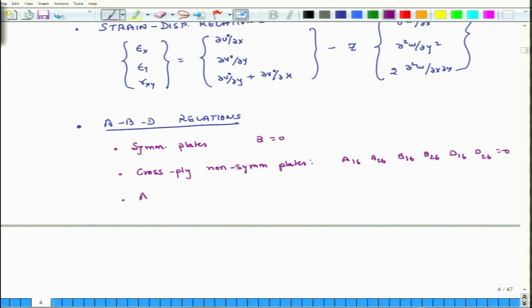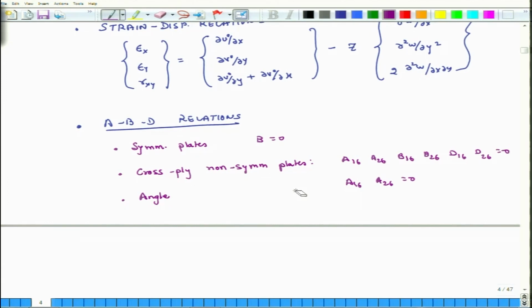For angle ply laminates, again A16 and A26 are equal to 0, but B16, B26 and D16, D26 may or may not be 0.